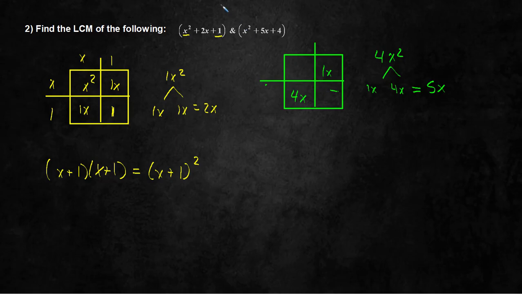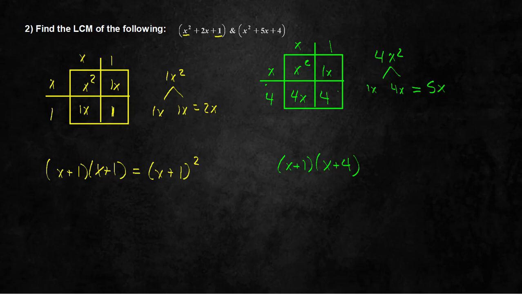And this was the 4. And this is the x squared. So that gives me x and x, a 4 and a 1. And so for the second one, we have x plus 1 times x plus 4.